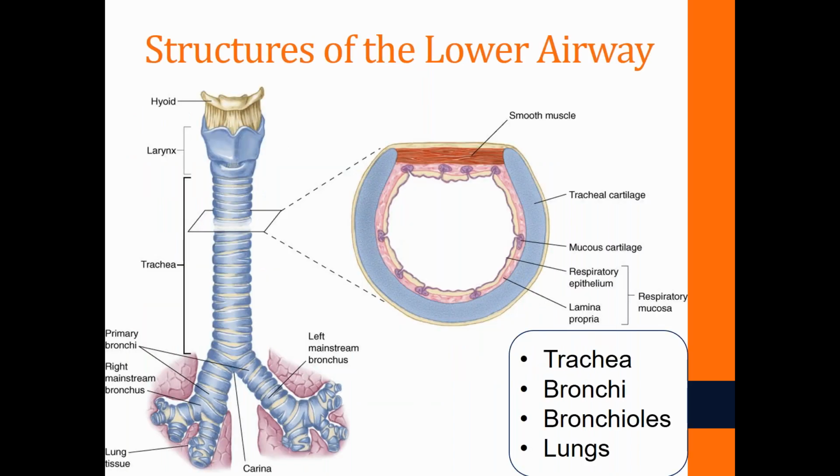And from there, we start working through the structures of our lower airway. We get into the trachea, down into those bronchi, down into those bronchioles inside the lungs. And where does this whole system end? Lungs? What part of the lungs? The alveoli? Yeah, the alveoli.